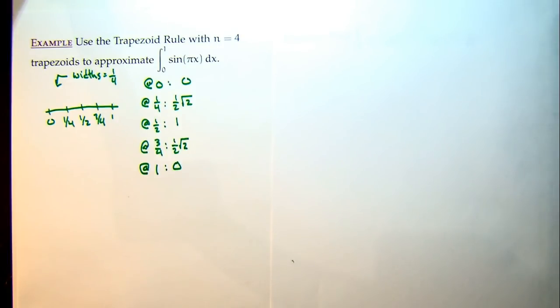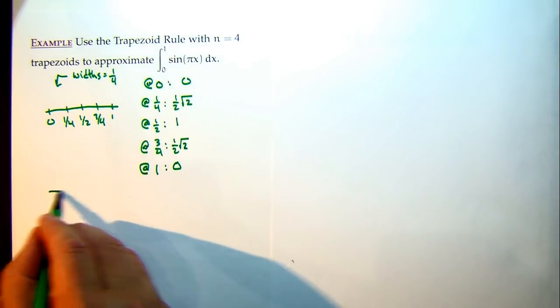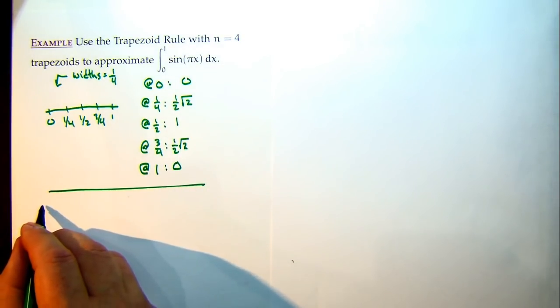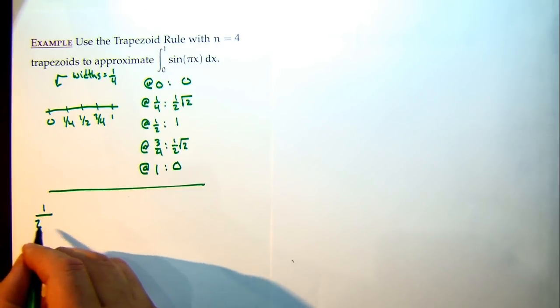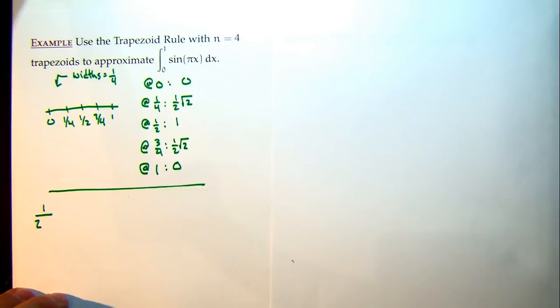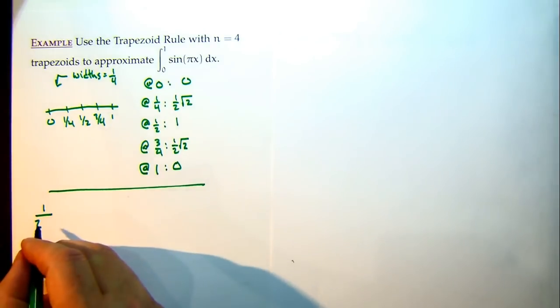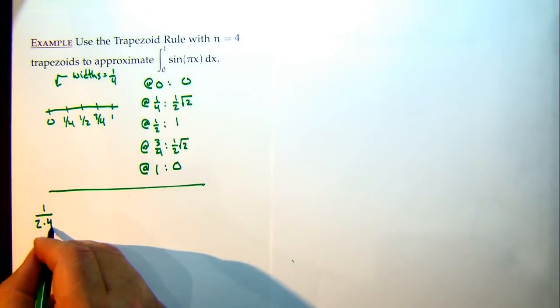All right, so here we go. What does the rule say? Well, if we go back to the trapezoid rule, as presented in the book, it's 1 over 2, now 2 comes because we're going to be averaging endpoints, times the number of intervals, 4.